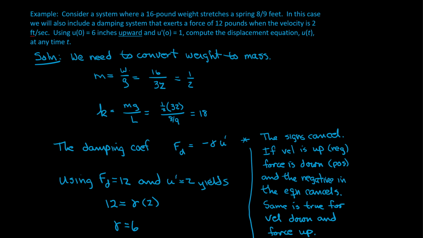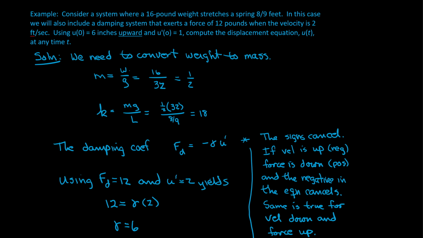In our first example, let's consider a system where you have a 16-pound weight attached to a spring. When you attach the weight to the spring, it pulls the spring down, or elongates the spring, 8/9 of a foot. It'll cause the numbers to work out. In this case, we also have a damping system that exerts a force of 12 pounds when the velocity is 2 feet per second.